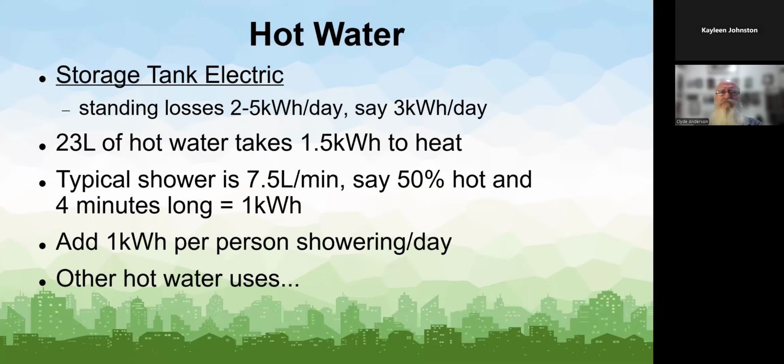So in your case, pick which one works. Let's say it's 3 kilowatt hours a day for standing losses. And that's 24/7, every hour of the day. So three kilowatt hours a day is the consumption over the day.